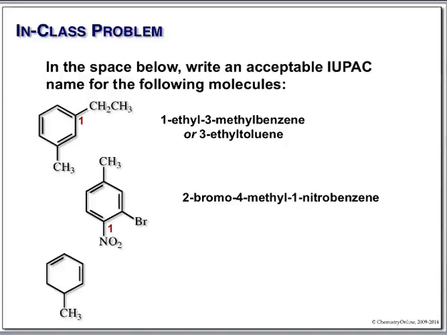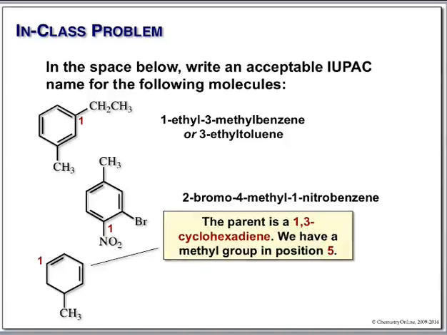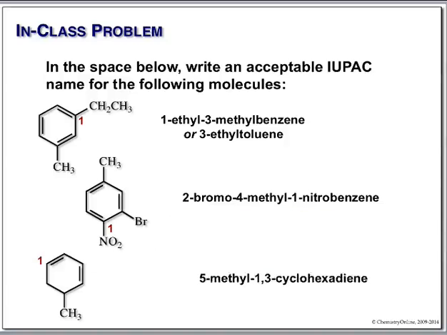We want to proceed through our double bonds, which means that the lowest number sequence we get is if we start numbering out here. As we go around this way, that puts our methyl group down here in position 5. We need to indicate that this is a 1,3 cyclohexadiene. So our name, 5-methyl, 1,3 cyclohexadiene.